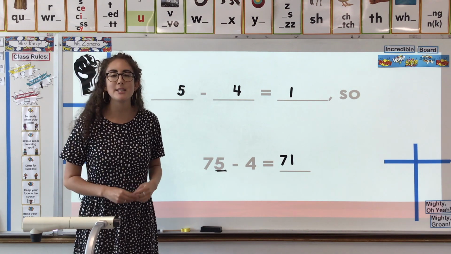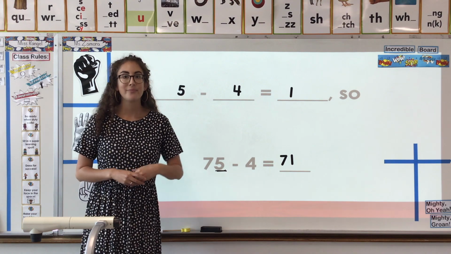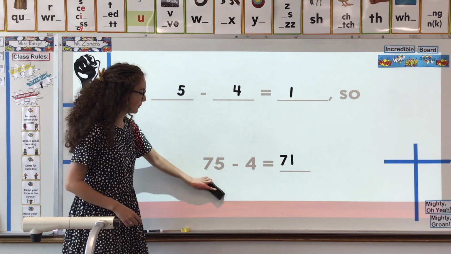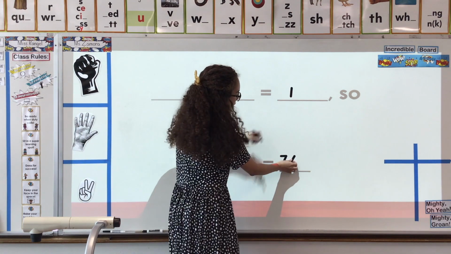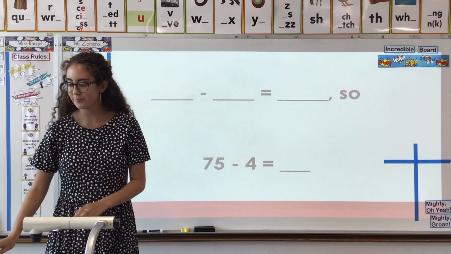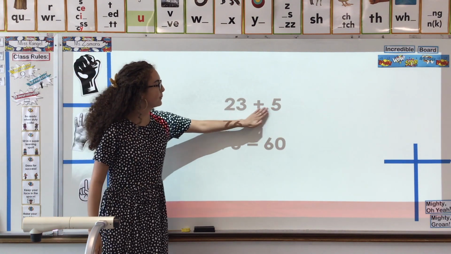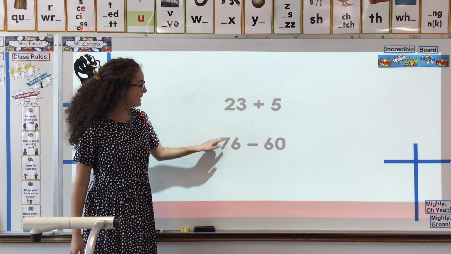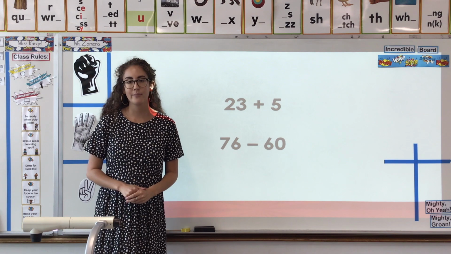I can find a simpler equation first to solve my bigger problem. And that's what you are going to do for me right now. I'm going to give you 2 equations I would like you to solve on your own. Those are 23 plus 5 and 76 minus 60.